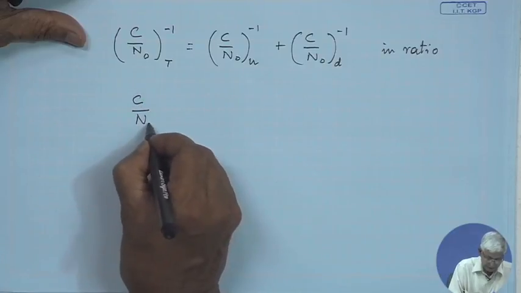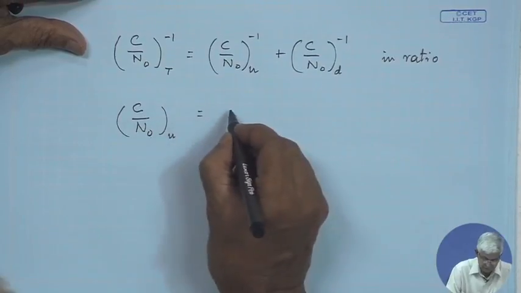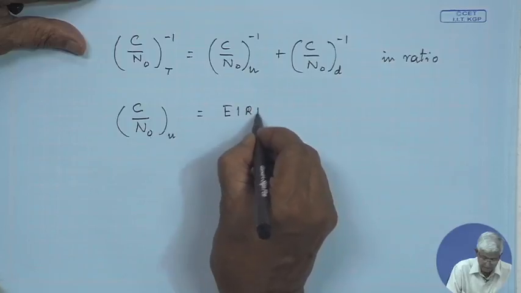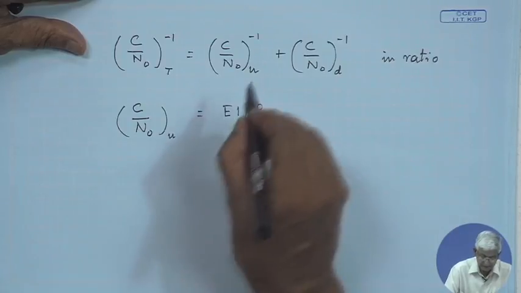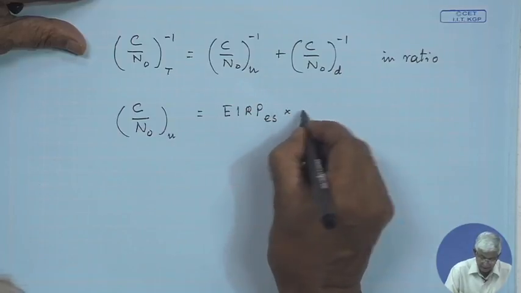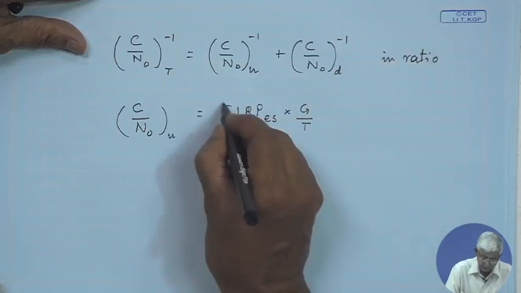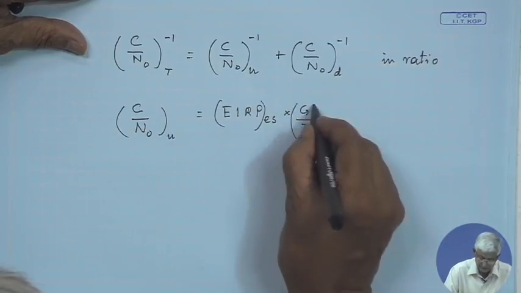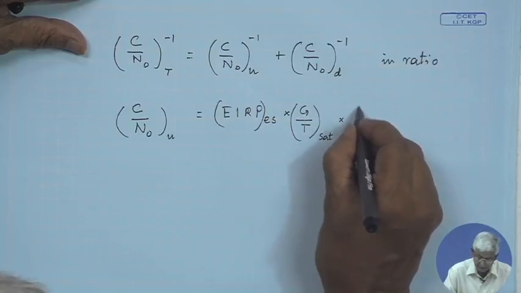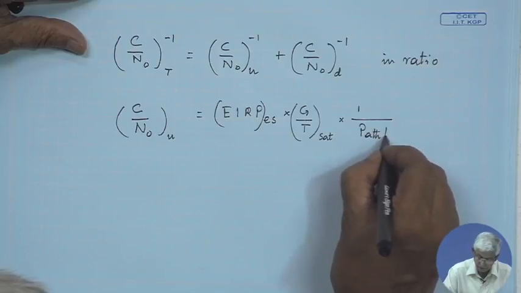The C by N naught of uplink, if you try to recollect, is the EIRP of the earth station, since it is uplink, multiplied by G by T of the satellite, and then 1 by path loss or all other losses put together.